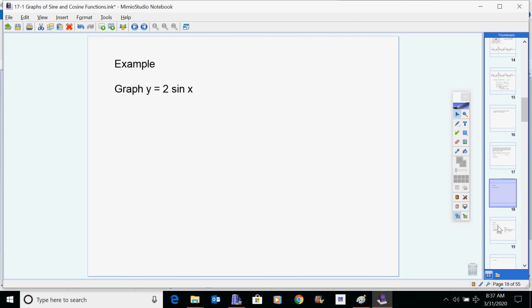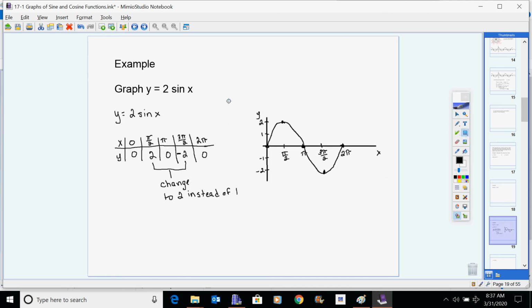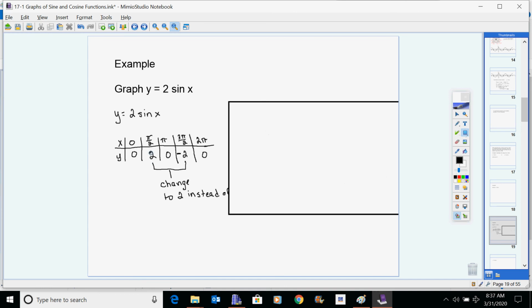What that means for you is that you're not going to be going from 1 to -1 anymore. You'll be going from 2 to -2. 0 times 2 is all just 0. Now these are super important key points.